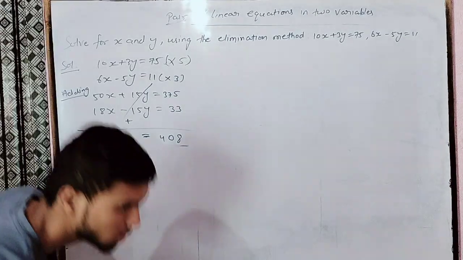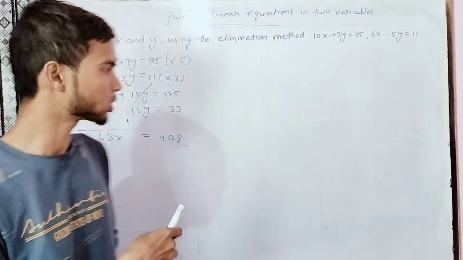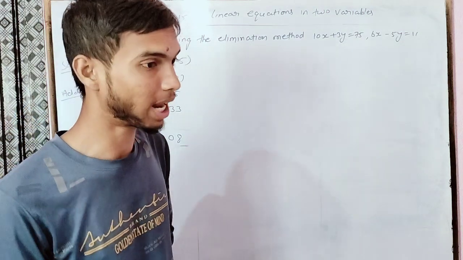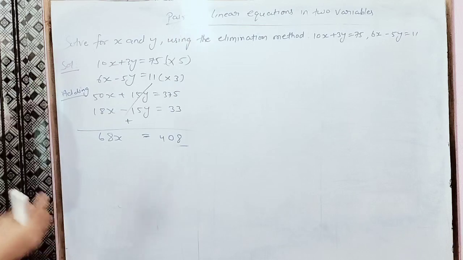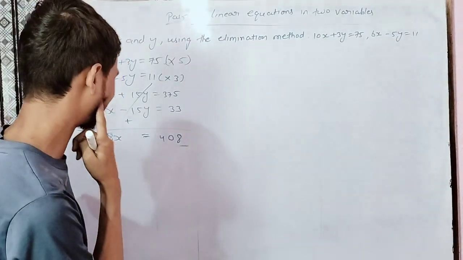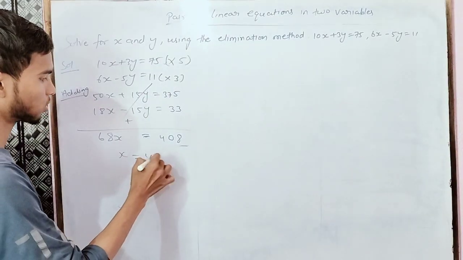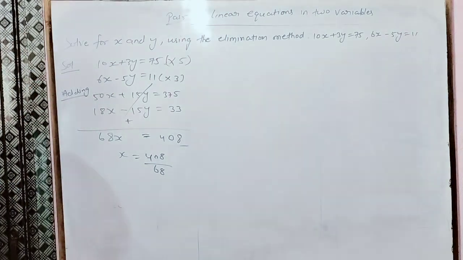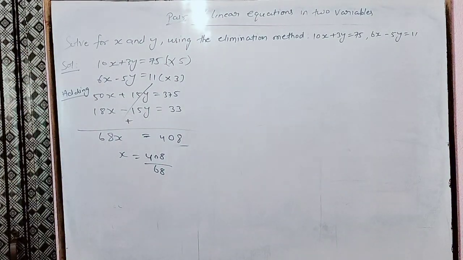If operators are different, then we will add all terms. If operators are same, then we will subtract. So here 408 upon 68. Till here, is it correct or not?